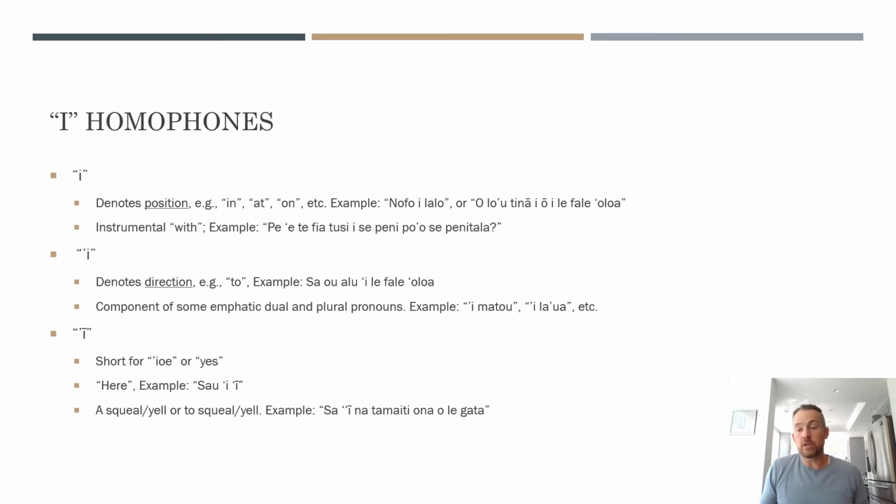But to a lot of Palagi, English speaking native speakers, these all sound the same, though they are slightly different. So keep an eye out for them and be careful in your own pronunciation to give it that punch when you say a glottal mark and extend the sound when you say a macron.